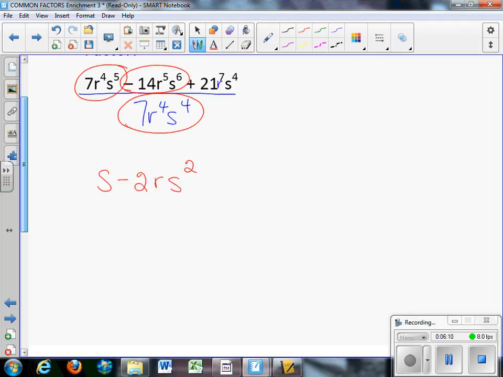And then the last one, 21r to the seventh, s to the fourth, divided by 7r to the fourth, s to the fourth, you would have plus 3r cubed, and then the s's cancel off. Now you have to make sure, though, that you write what you factored out in front. Otherwise, you wouldn't get back to what you originally started with. But you can do it that way as well and get the same answer.